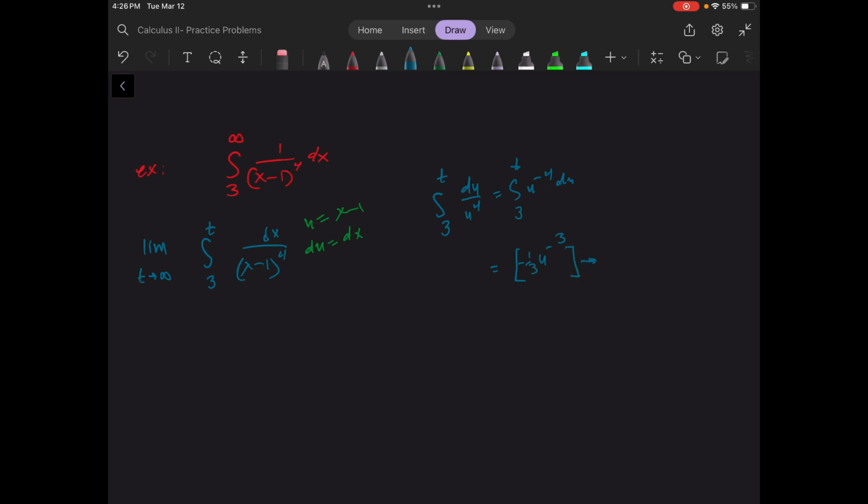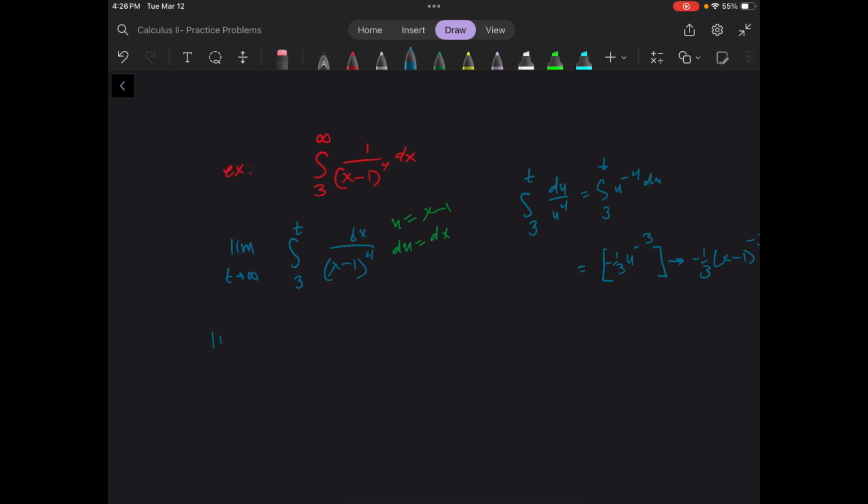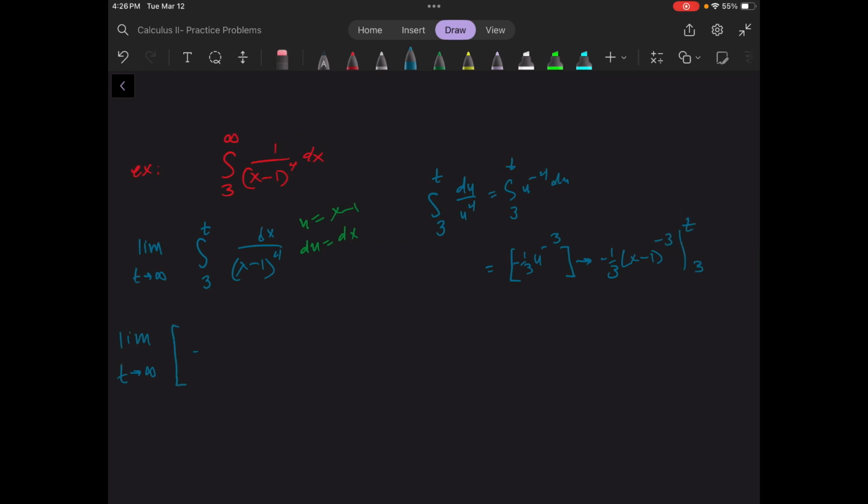Well, first, let's plug back in our function. It's going to be negative 1/3, and u was x minus 1, to the negative 3. We're going to evaluate that at t and 3. Let's see what we get. So now we have the limit as t approaches infinity of negative 1 over 3(x minus 1) cubed, and we're going to plug in t and 3.